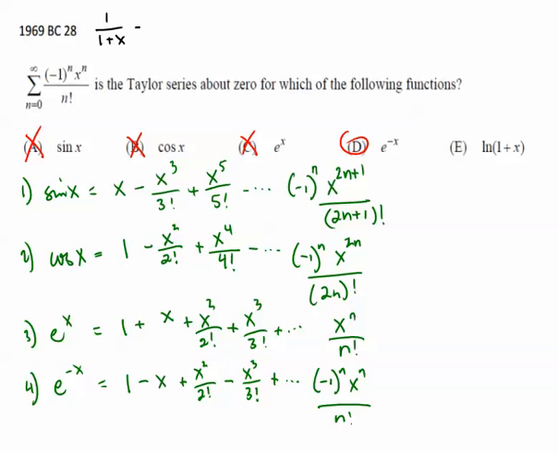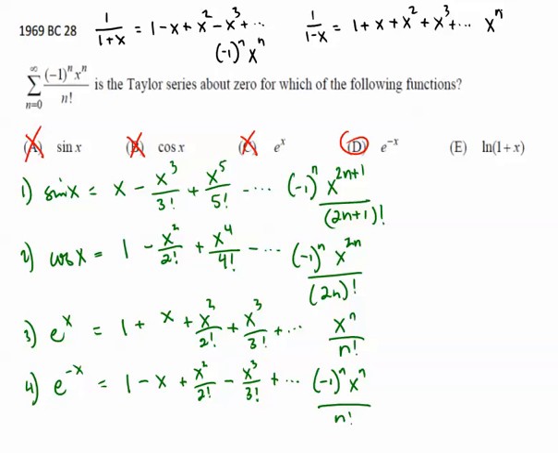The 1 over 1 plus x has alternating terms, 1 minus x plus x squared, no denominators here, minus x to the third, etc. And 1 over 1 minus x has all positive terms, 1 plus x plus x squared plus x to the third, etc. And this one would be -1 to the n times x to the n, and this one would simply be x to the n as the general term.